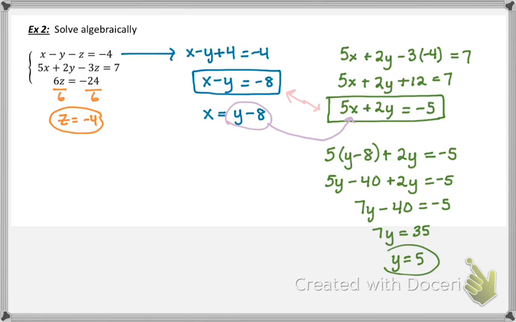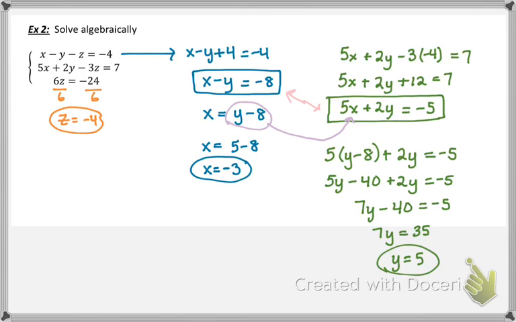Okay, so we got the other variable, and once we know that y is equal to 5, then I can put this back in here. x is equal to 5 minus 8, and so x is negative 3. And certainly you can substitute x equals negative 3, y equals 5, and z equals negative 4 into all three equations to see if it makes all three of them true, and it should.